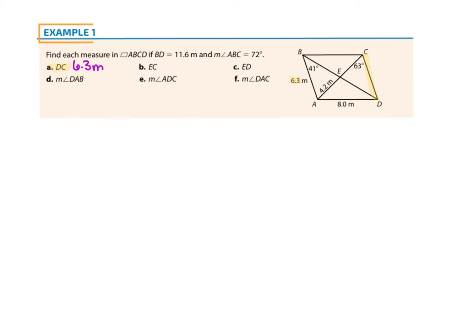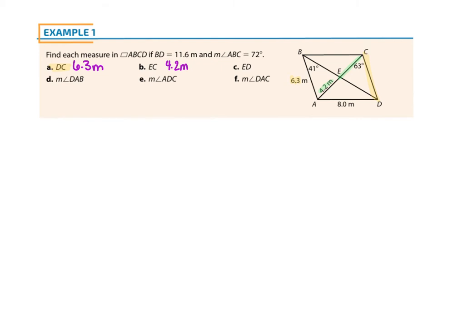Look at the next one, EC. They want this right here. Well, we know that diagonals bisect each other, which means they cut it directly in half. So if this is 4.2, then we know that EC is also 4.2. All right, let's look at the next one, ED.